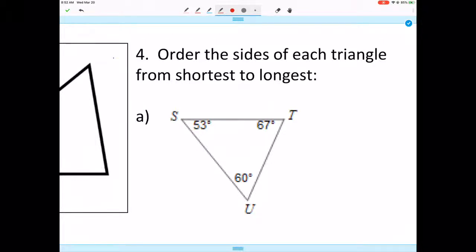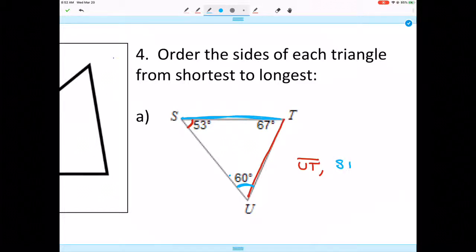Our shortest angle is right here, 54. So our shortest side is going to be UT. So we would write UT or TU, doesn't matter, okay? Now we'd want to find the next smallest angle, which would be this angle, which is 60. The second largest side is going to be ST, all right?